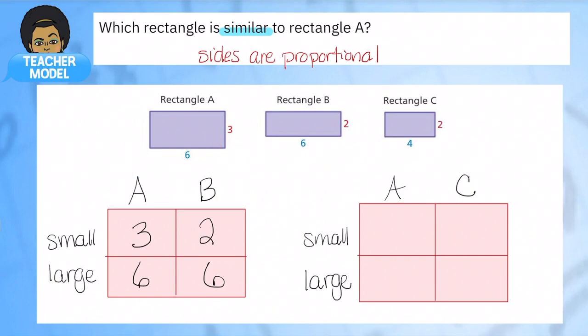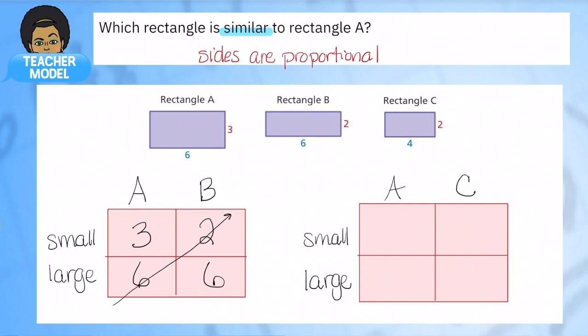Now, looking at these two ratios, and you can think of them as fractions if you'd like, would you say that 3/6 is proportional to 2/6? Would you say that is true? So think to yourself. So now let's prove it mathematically. We're going to use cross products to do so. So all you would do is just multiply.